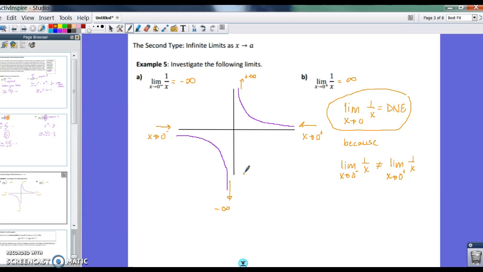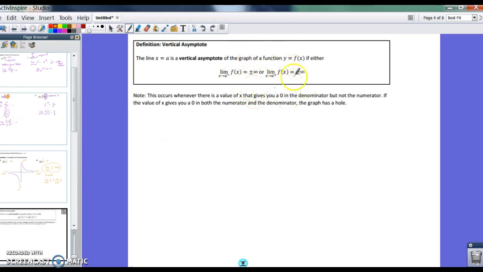In the event that one approaches positive infinity and one approaches negative infinity, overall we say our limit does not exist. Okay, and that's the idea behind what a vertical asymptote is. So as we approach that letter A or that number from the left or the right, we're approaching either positive or negative infinity.